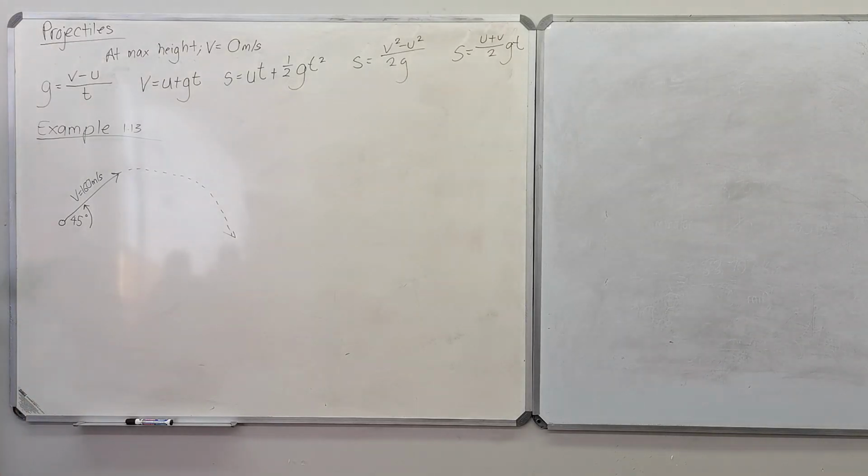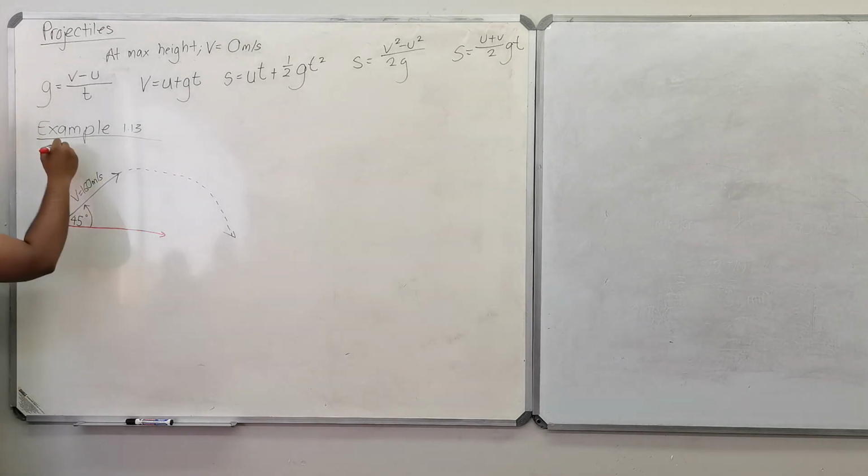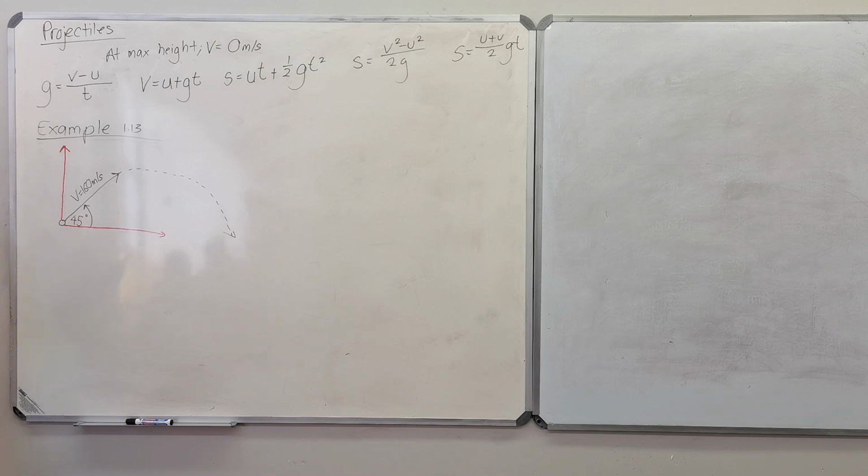Okay. Let me draw our axis. Now remember I told you that the vertical component is associated with maximum height, the horizontal component is associated with maximum distance or displacement. Okay.